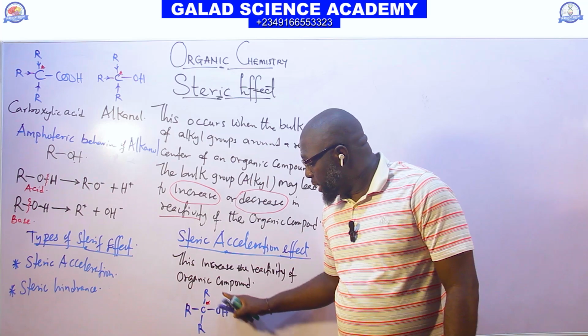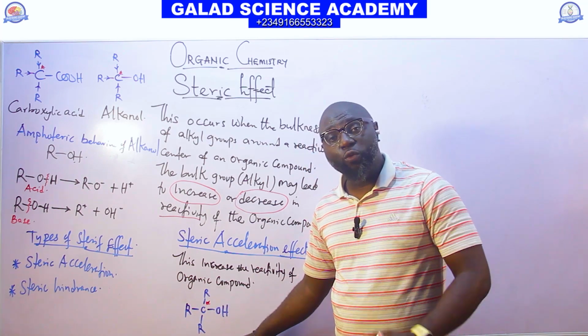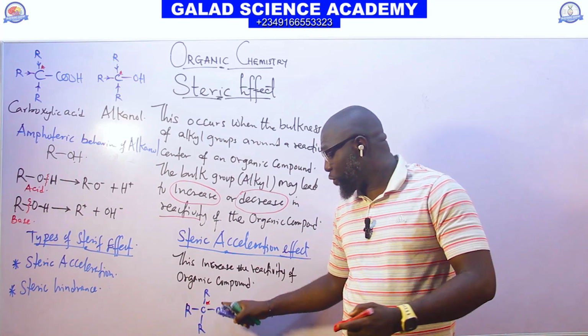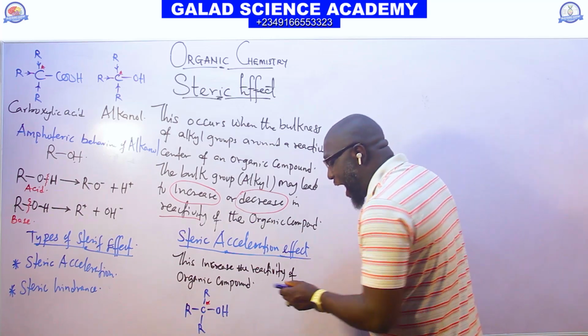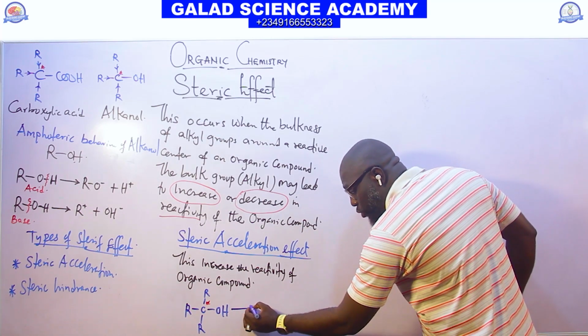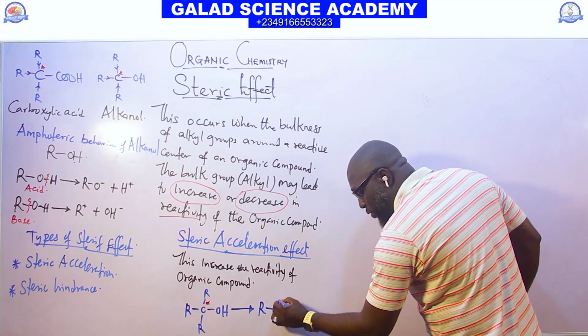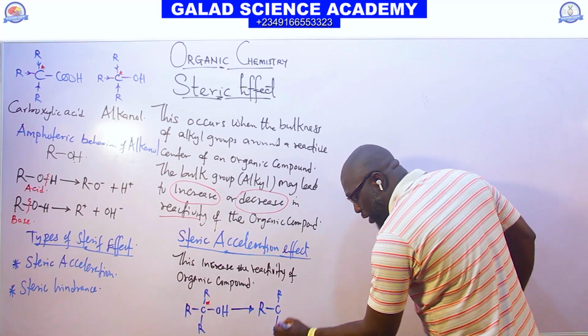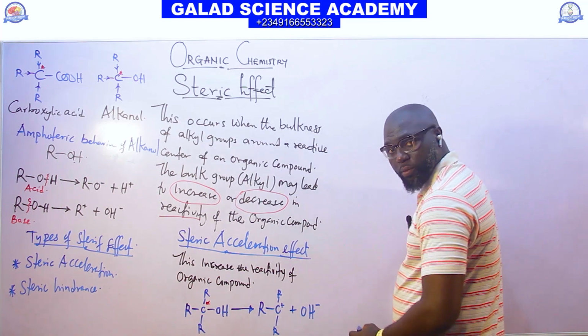The effect of the bulkiness of the alkyl group there is that it will favor the basicity of this compound. As a result, it will make this compound ionize faster to release the OH faster. You will now have R plus and OH minus.